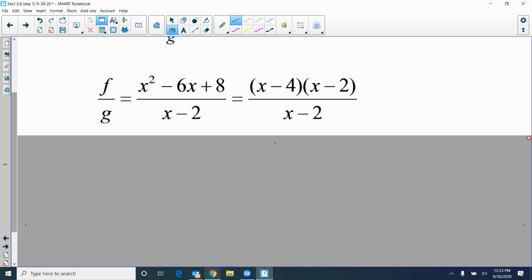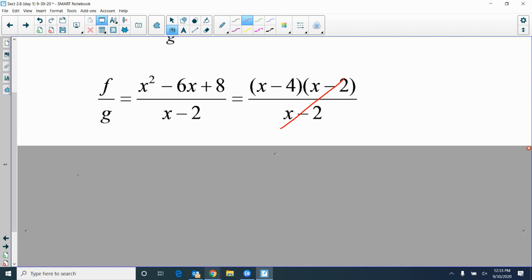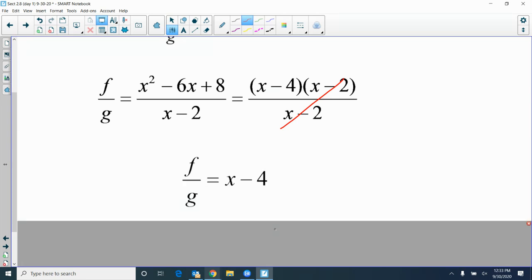What cancels? The x minus 2's cancel. So now it simplifies to x minus 4.